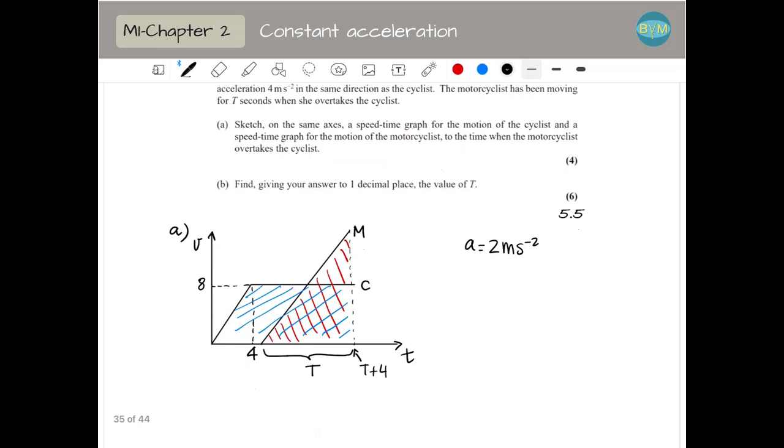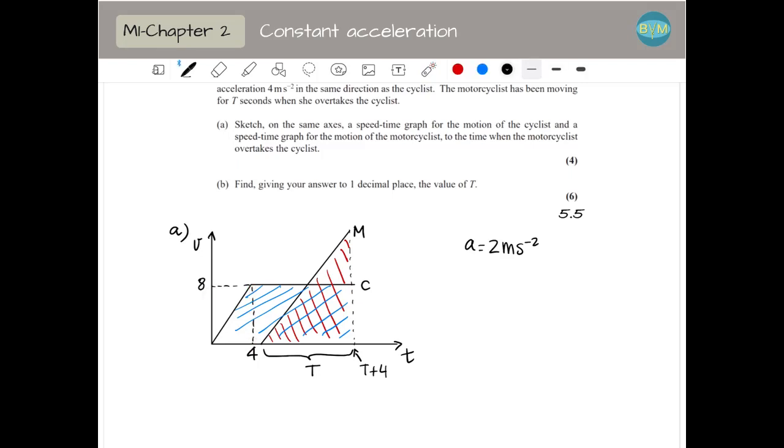So the distance for the cyclist, the blue one, is a trapezium, right? So the area of that trapezium is going to be, this side is t plus 4 plus t, which is this side, times the distance, which is 8.